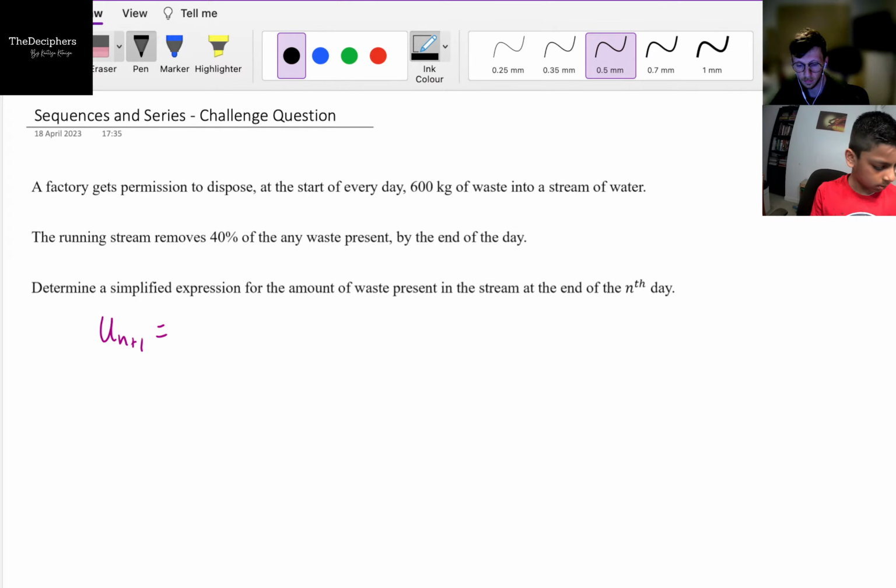It's actually, however much waste is in at the start, 600 kg extra is added at the start of the day. And then by the end of the day, 40% is taken out. So how could I write that in terms of a recurrence relation?